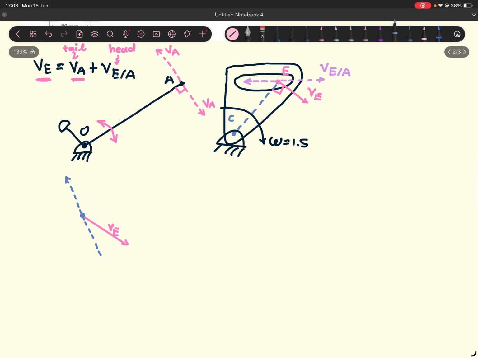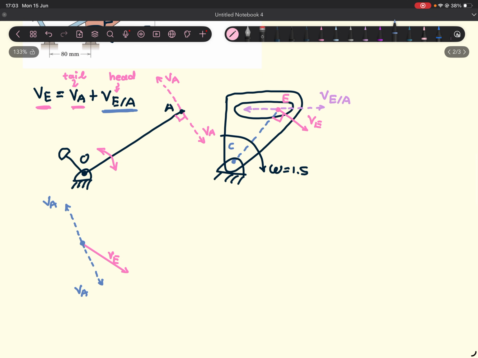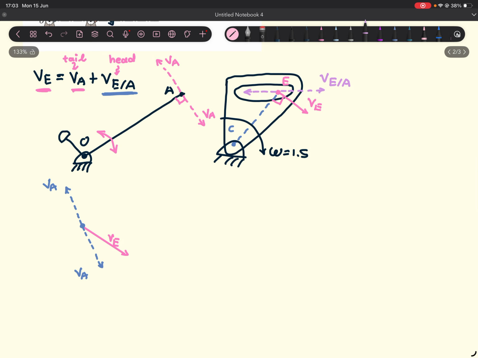So that's VA. And then VE must end at the head of VE relative to A, and VE relative to A could either go left or right. To close the triangle, I'm going to work on this side only. I'm going to ignore this side because if I draw it here, there's no closed triangle.